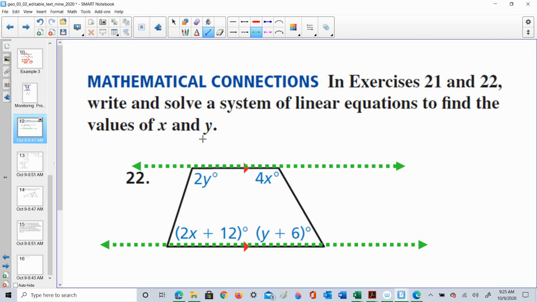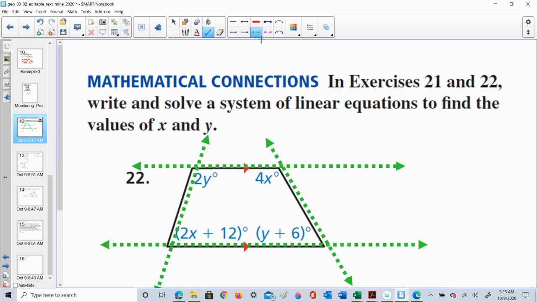We have this here as well. It's not quite where I want it, but it's close enough. So if you just look at the left side, you have two parallel lines cut by a transversal.